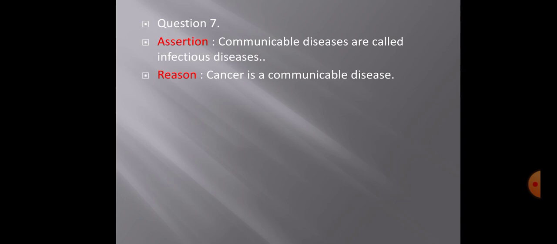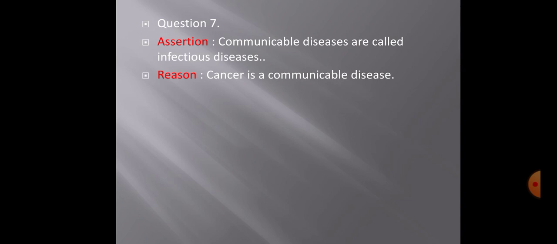But let's see the reason now. The reason says cancer is a communicable disease. You know that cancer is a non-communicable disease, which is not an infectious disease. It means it cannot spread from one person to another.